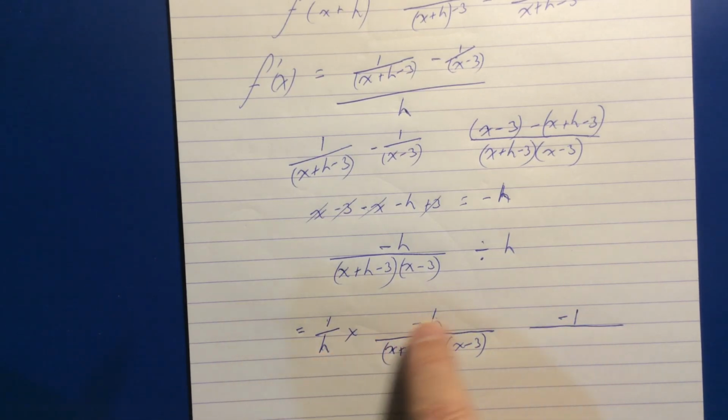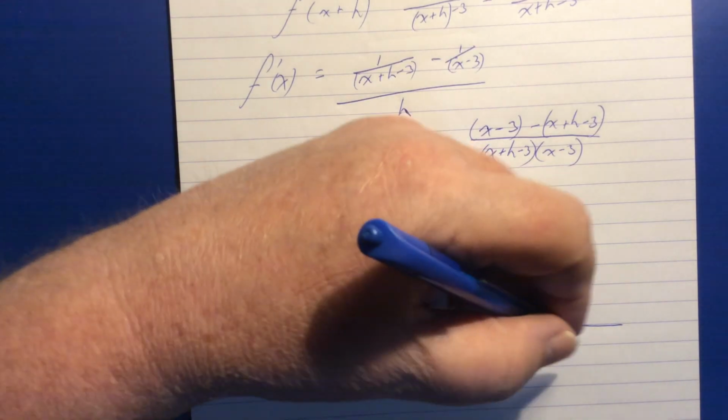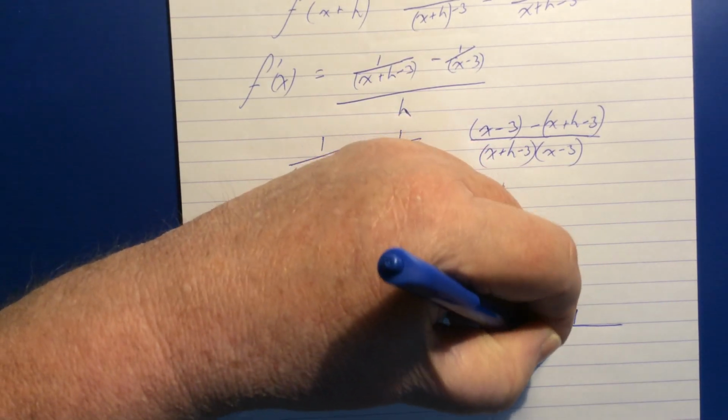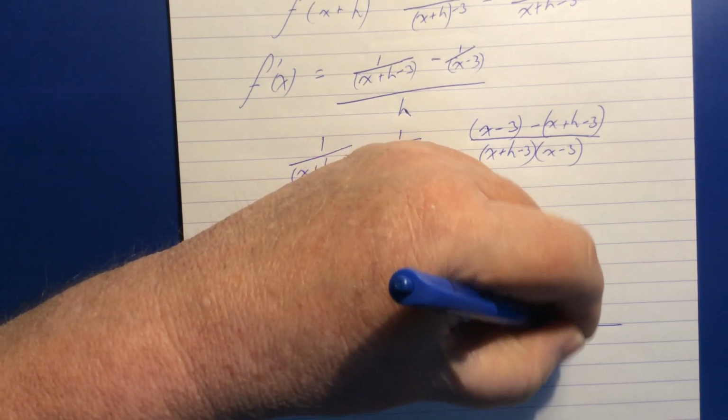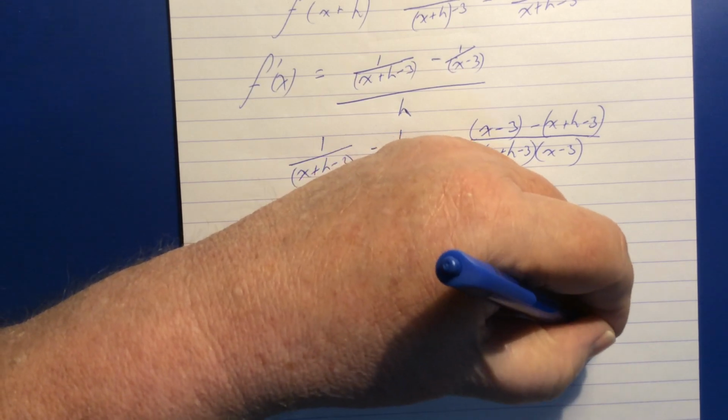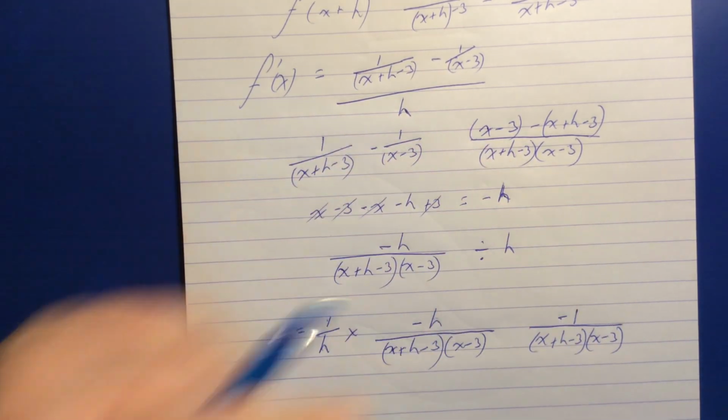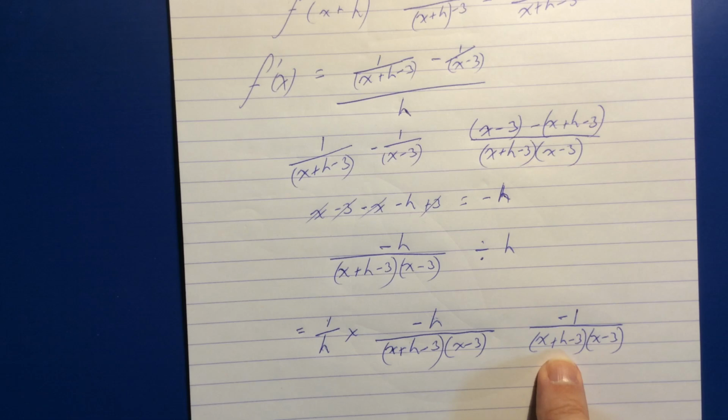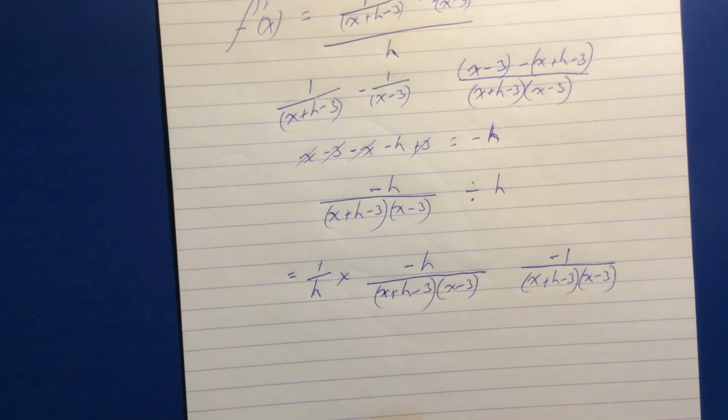So those two cancel. It's negative 1 times 1. This remains the same, so x plus h minus 3 times x minus 3. Now we have no h up here, which is really, really good news.